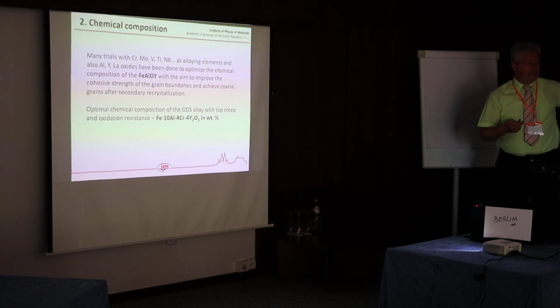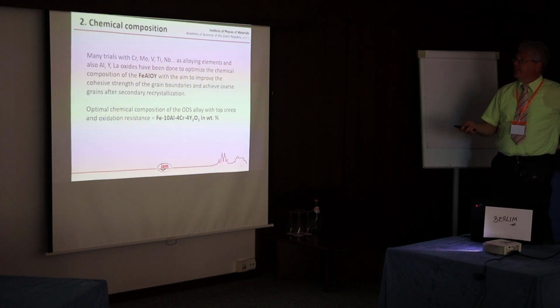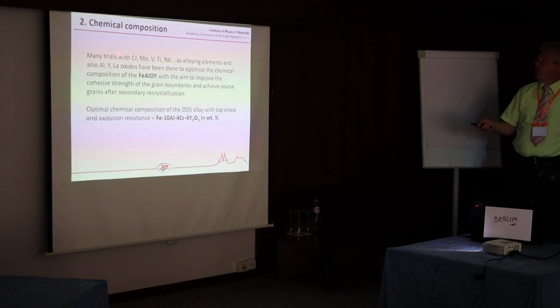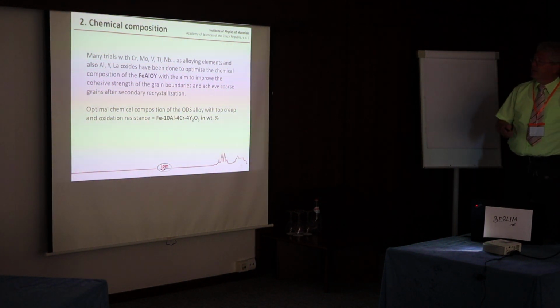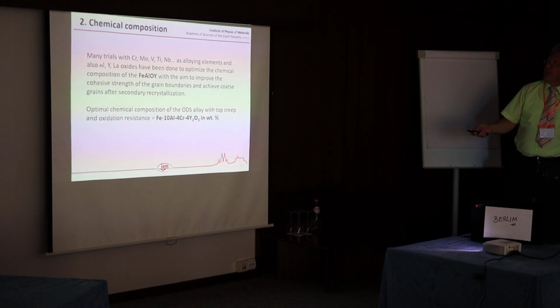There have been many trials done in our group with chromium, molybdenum, vanadium, titanium, niobium as small additions of about a few percent, 1% or 2%. We also experimented with aluminum, yttrium and lanthanum oxides to optimize the chemical composition.